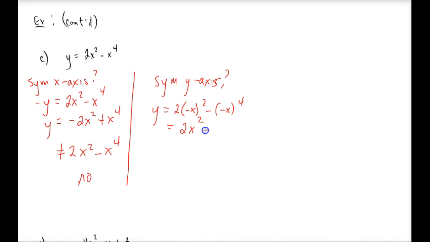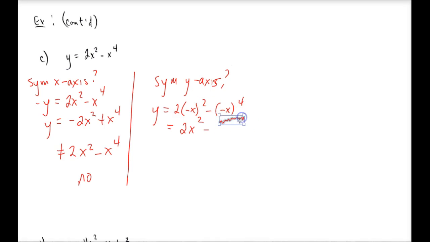And in doing that, we know that negative x raised to the fourth power is just negative x times negative x times negative x times negative x. And since we have an even number of negatives, we know that we're going to end up with a positive answer for just this portion right here. Just that, not including the subtraction sign there.